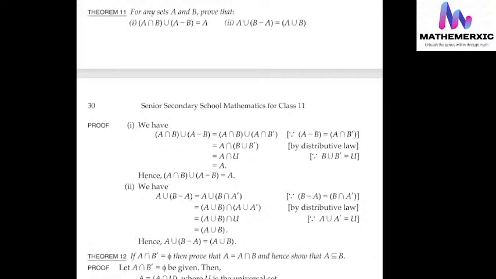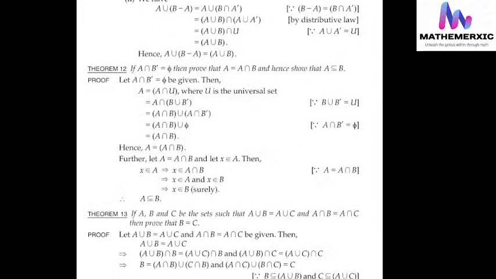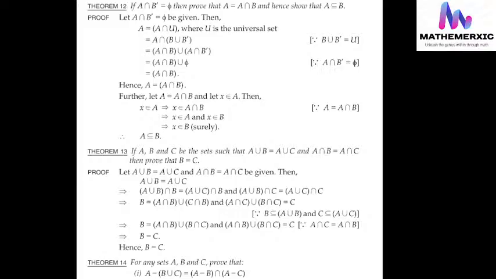So it will be A union B. A intersection B complement is phi.